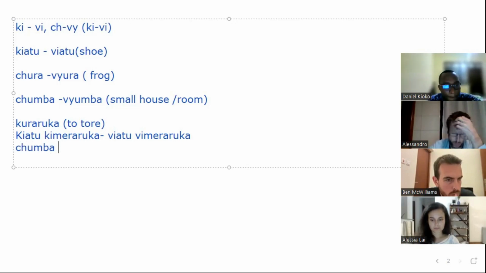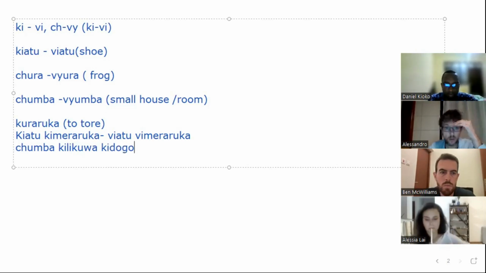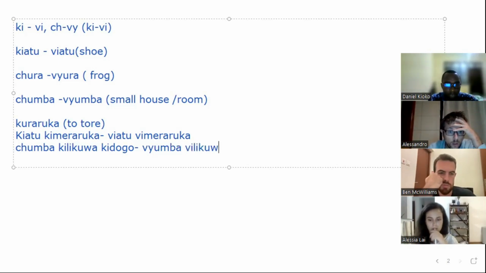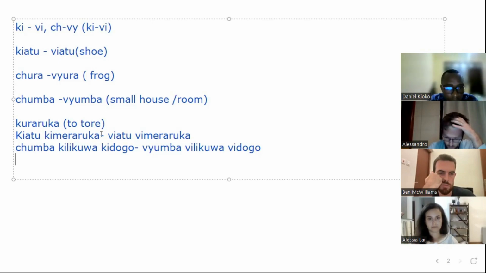Chumba, I'll try to use kuwa. Chumba kilikuwa kidogo. Vyumba vilikuwa vidogo. The house was small, or the room was small. And then the rooms were small.